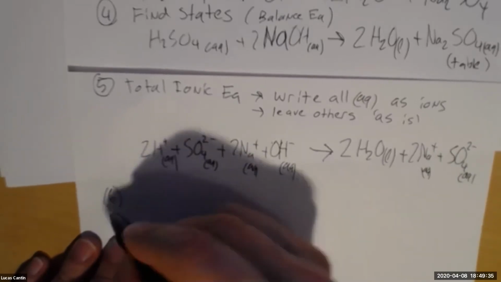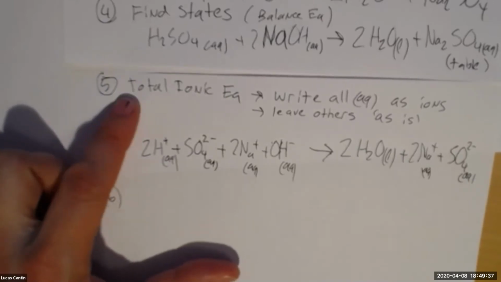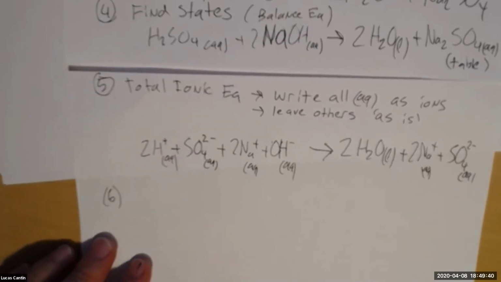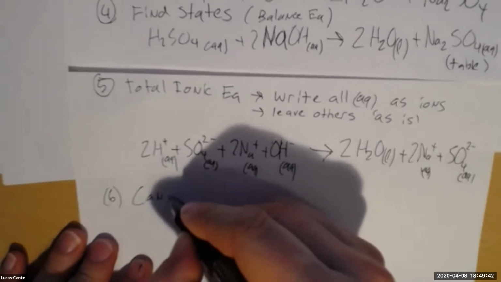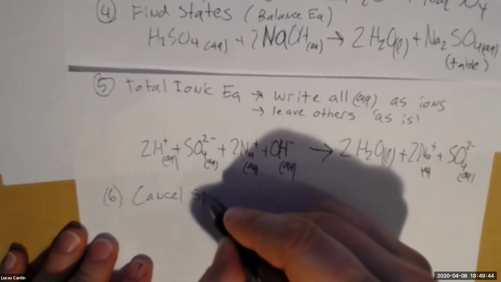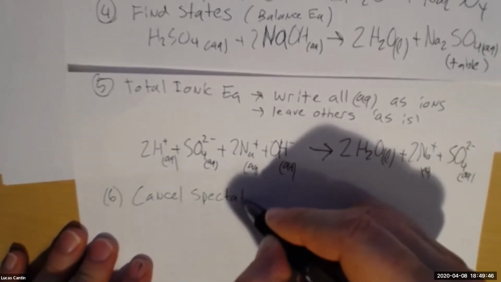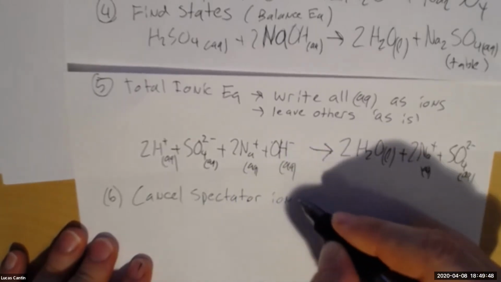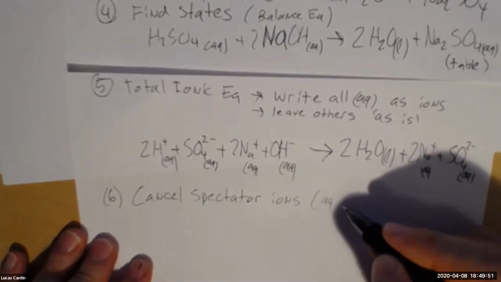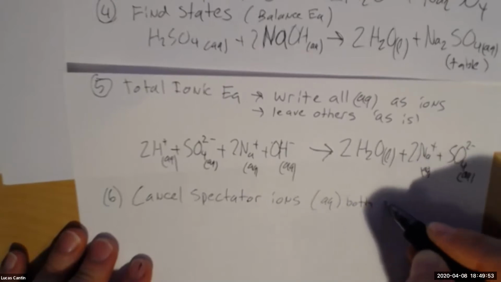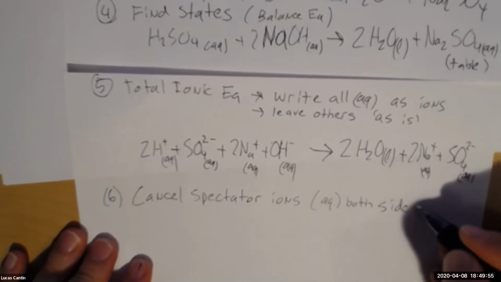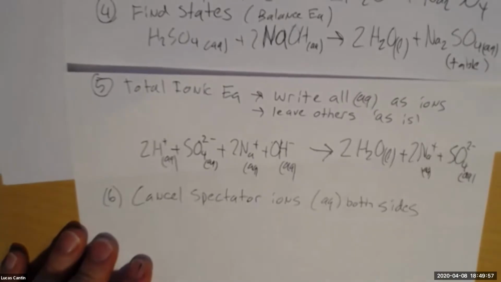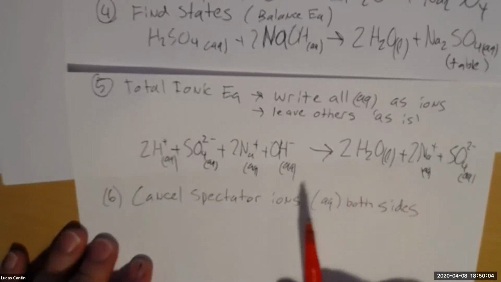Next step, usually to me the total ionic is kind of a throughway to get to the net ionic, but let's cancel spectator ions, which are aqueous on both sides. What's aqueous on both sides? I'm going to keep the H2O, but what can I cross out?